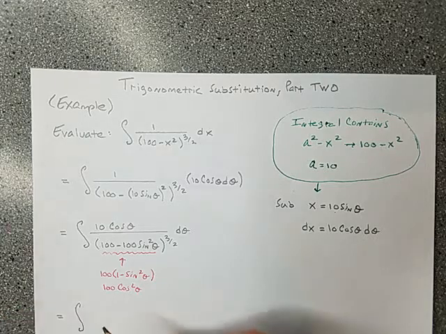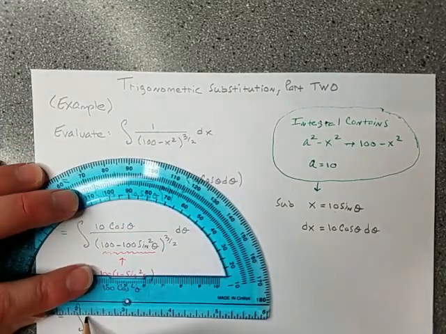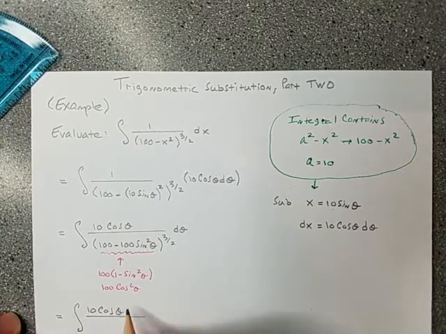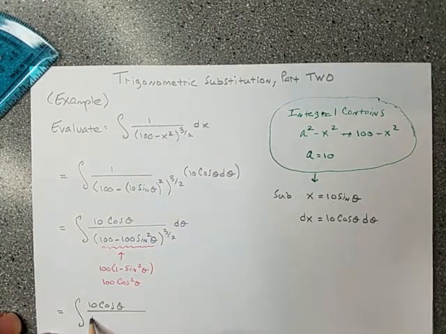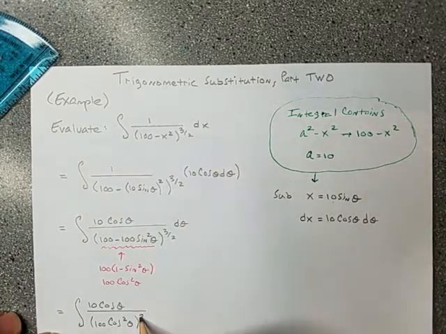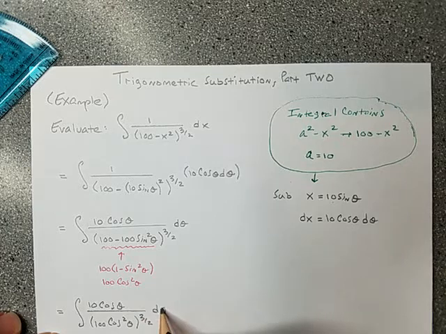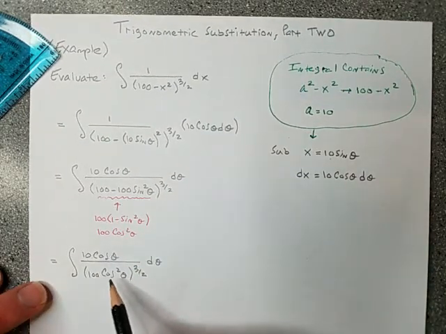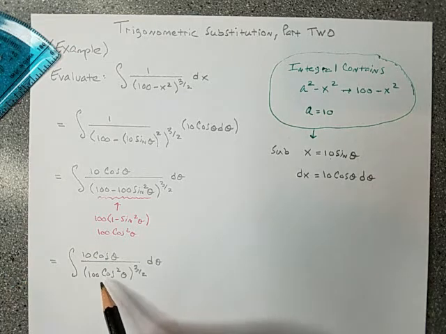Okay, so let's now update this thing with that. All right, so here I'm going to get still my 10 cosine theta up there. And here I'll have 100 cosine squared theta, right? Okay, 3 over 2 power. Now, exponents distribute across multiplication, you could say.